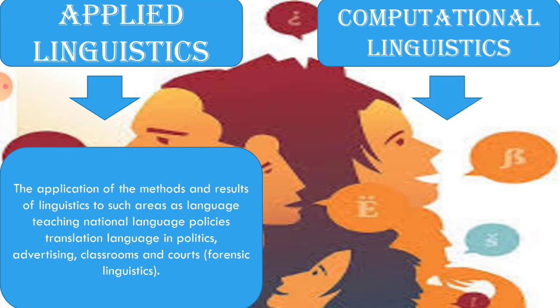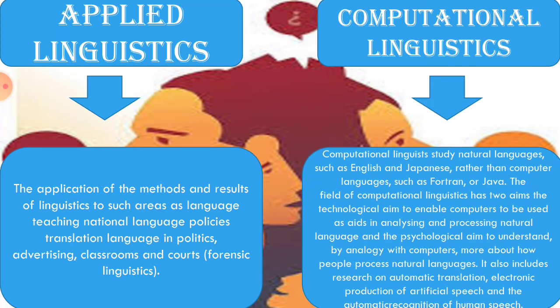Computational linguistics. Computational linguistics is the computational study of natural language such as English and Japanese rather than computer languages such as Fortran or Java. The field of computational linguistics has two aims.